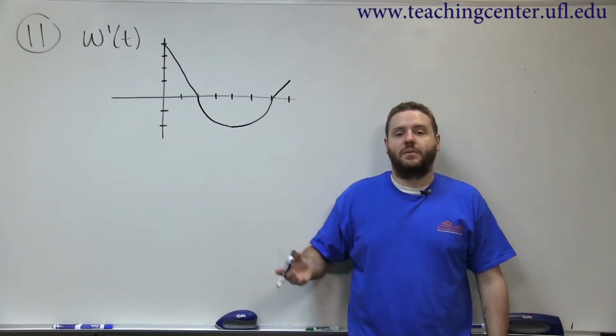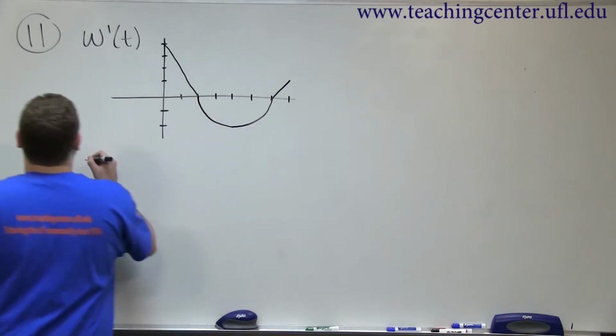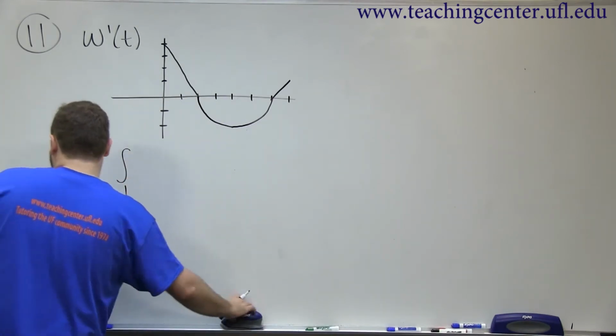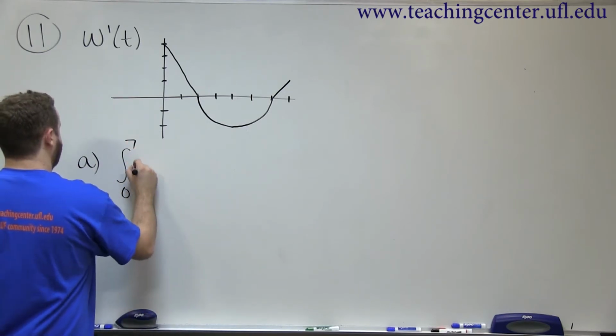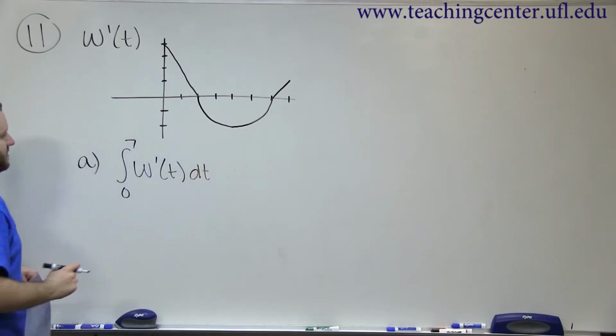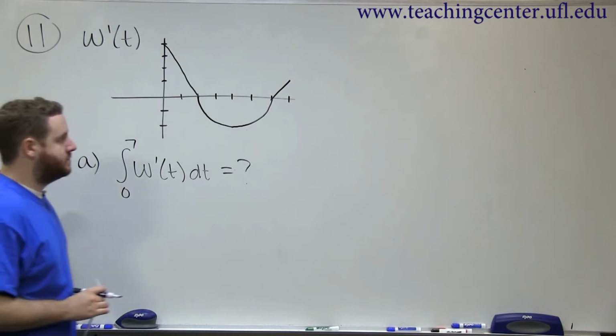Positive parts are positive, and we take away the negative parts. So essentially, part A is saying, what is the definite integral over the first 7 years, so from 0 to 7, of w prime of t. That is what problem A is asking us.